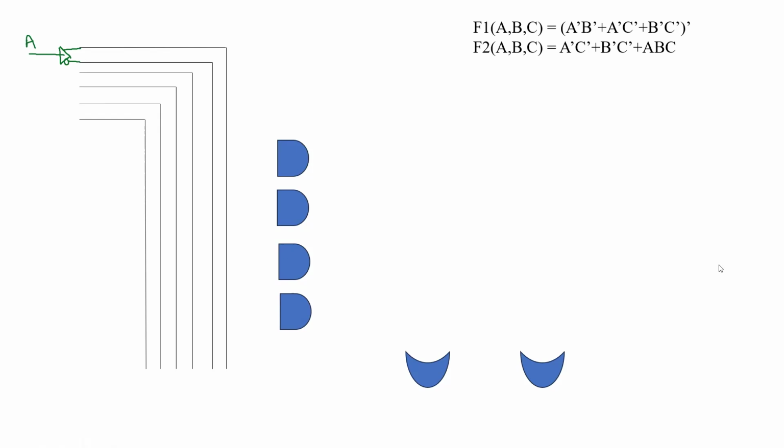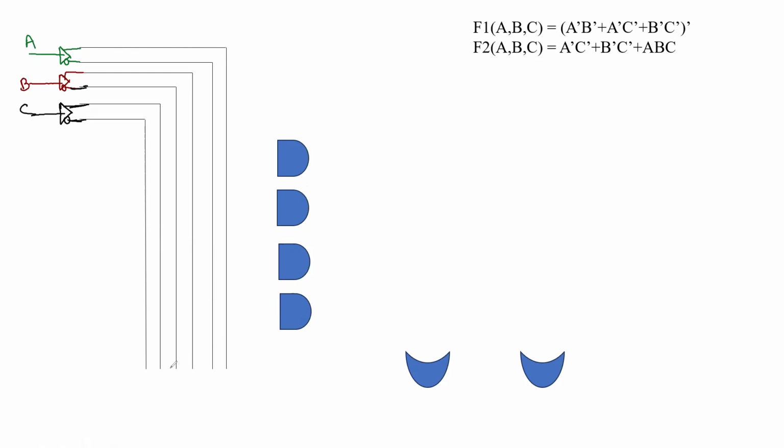Then we have another buffer that we are going to use for B. Again, B is connected here. So one is with complement, another is without complement. Then we have the third one for C. Now all three inputs we have given, and they should be connected properly.